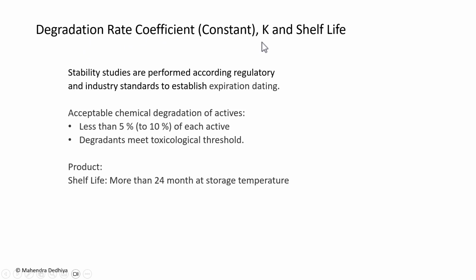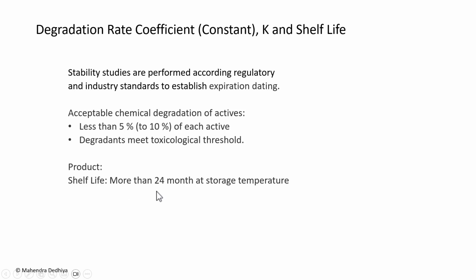Degradation rate coefficient K and shelf life. Stability studies are performed according to regulatory and industrial standards to establish expiration and shelf life. Acceptable criteria are 5 to 10% degradation of active, and all degradants meet the toxicological threshold.